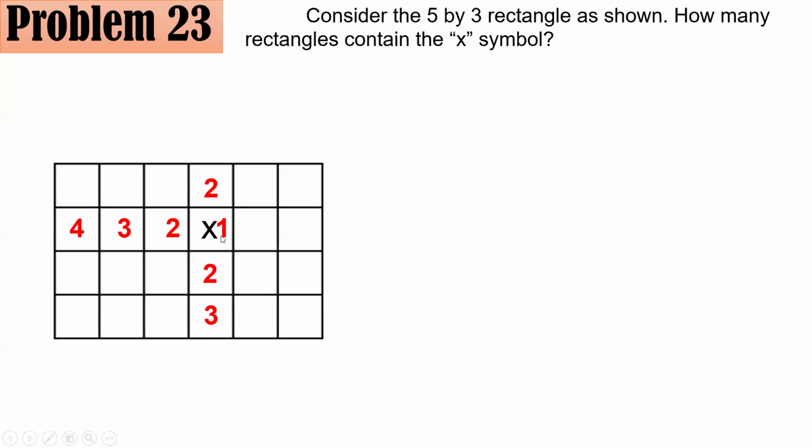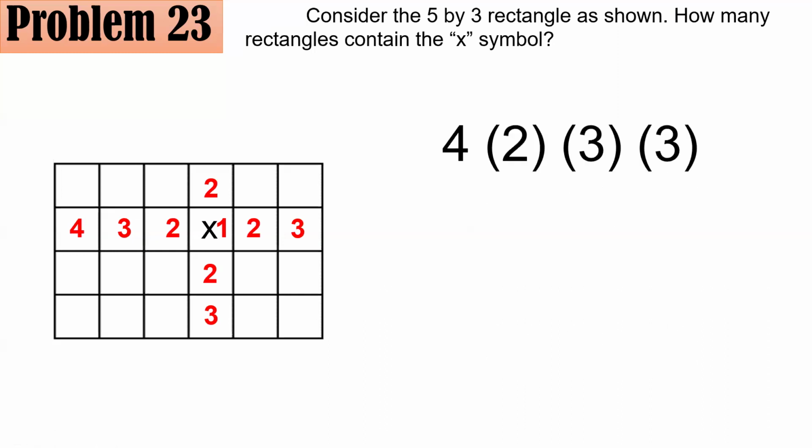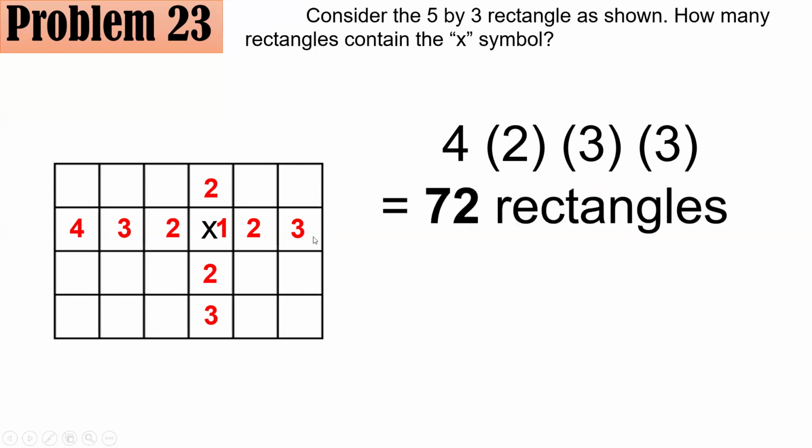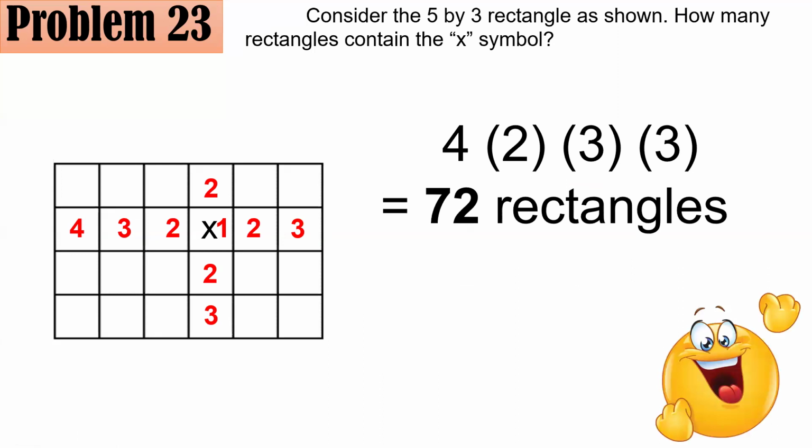And if you go from this spot going to the right, that's 1, 2, 3, right? And by the fundamental counting principle again, you have to multiply these numbers at the very end. So multiply 4, 2, 3, and 3, and that gives you 72 rectangles that contain the X spot or the X symbol.